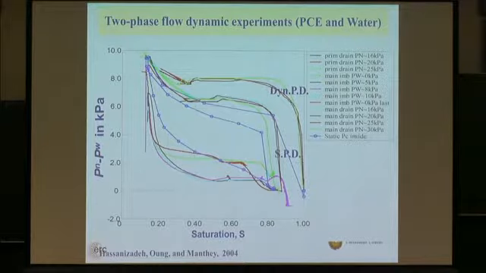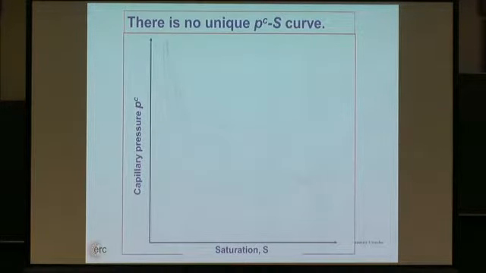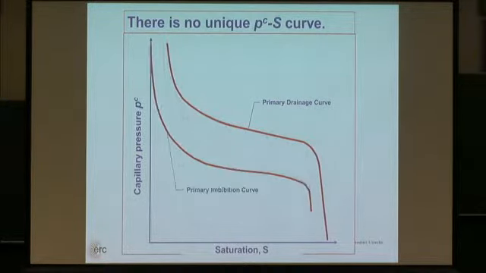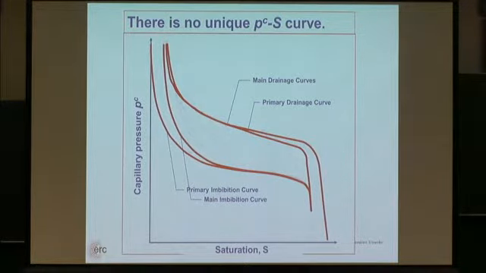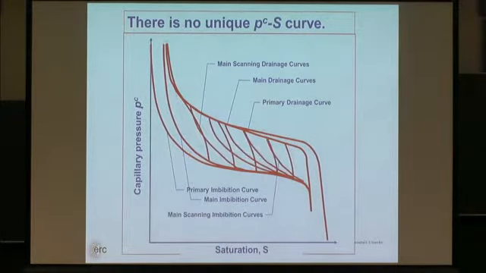So remember, we were promised one curve, because that was the premise of the theory, but we now have a primary drainage curve, primary imbibition curve, main imbibition, main drainage. You have scanning curves in drainage, a scanning curve in imbibition. You can have a secondary scanning curve if you reverse the process in drainage and imbibition.